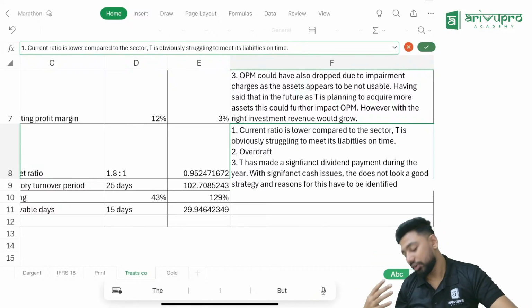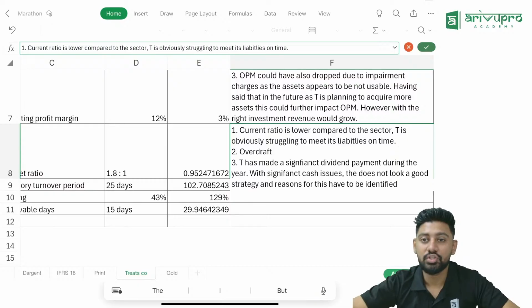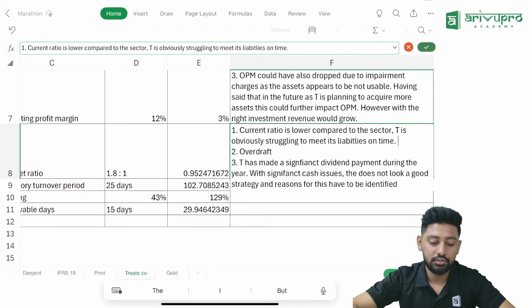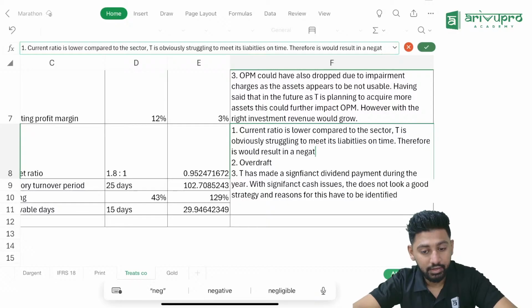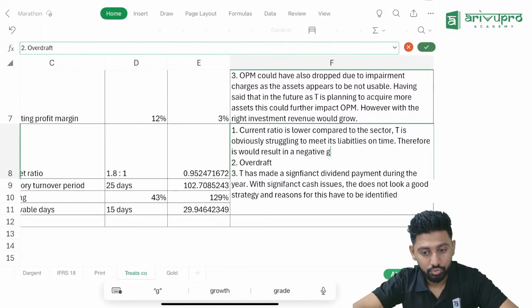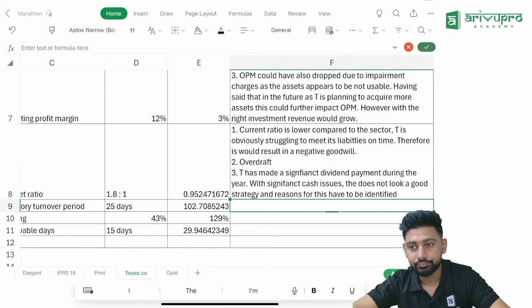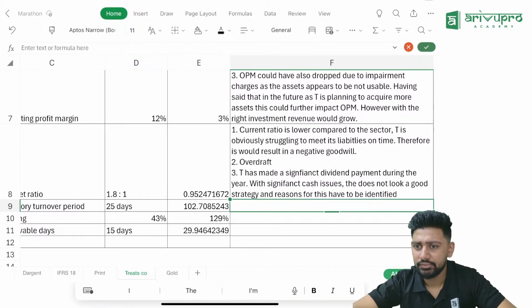So among your stakeholders, do you have a positive image or a negative image? Therefore, this would result in a negative goodwill. That's my point.